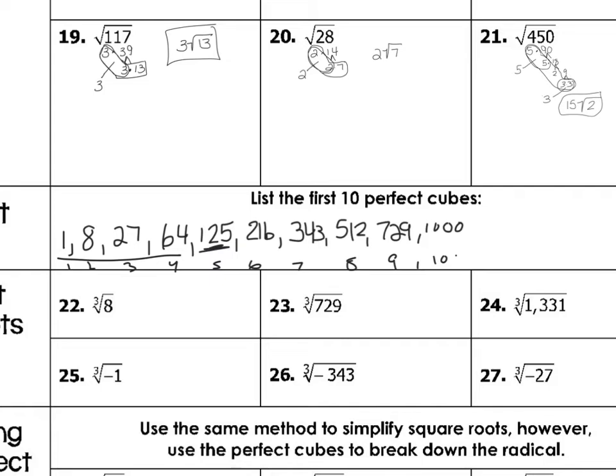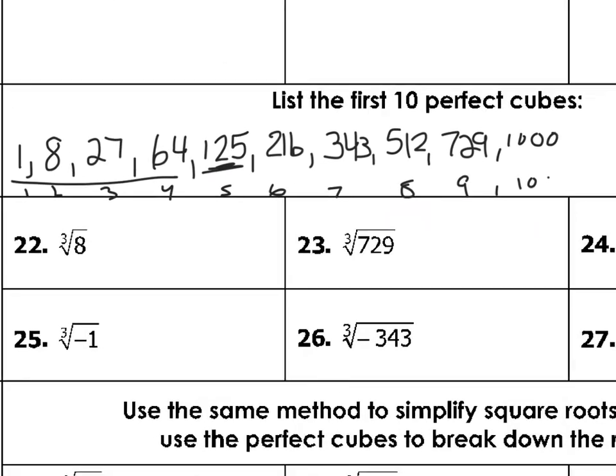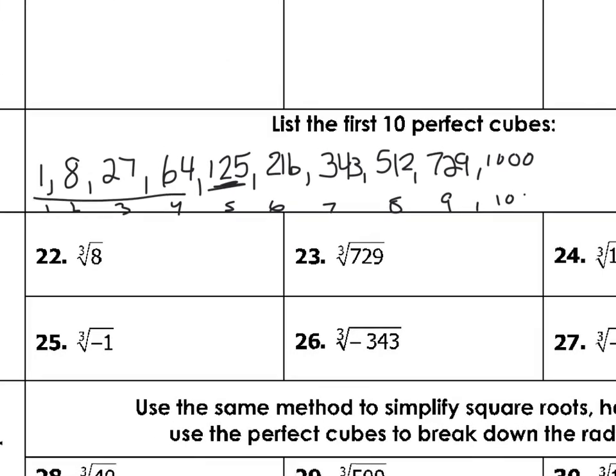Now, when I get numbers up in here, past the 125, then I'm going to be breaking it down, doing the prime factorization tree. Okay? If 27's a factor, I won't know it until I do the factor tree, okay? Because I don't have all those memorized. If you have them memorized, awesome.